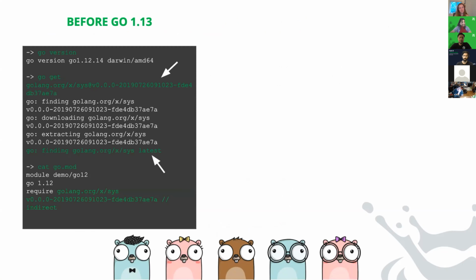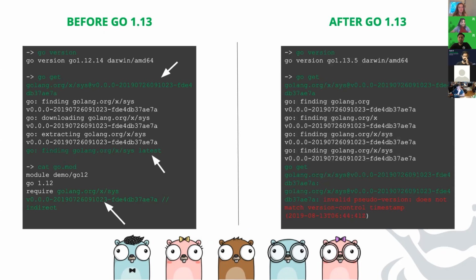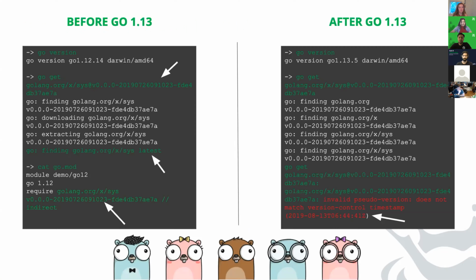It was super forgiving in that sense and did not complain. It showed the same timestamp you demanded, but it was actually not correct. But starting from Go 1.13, if you ask for a pseudo version which is not valid, it will give an error saying this is an invalid pseudo version, which doesn't match the commit timestamp.